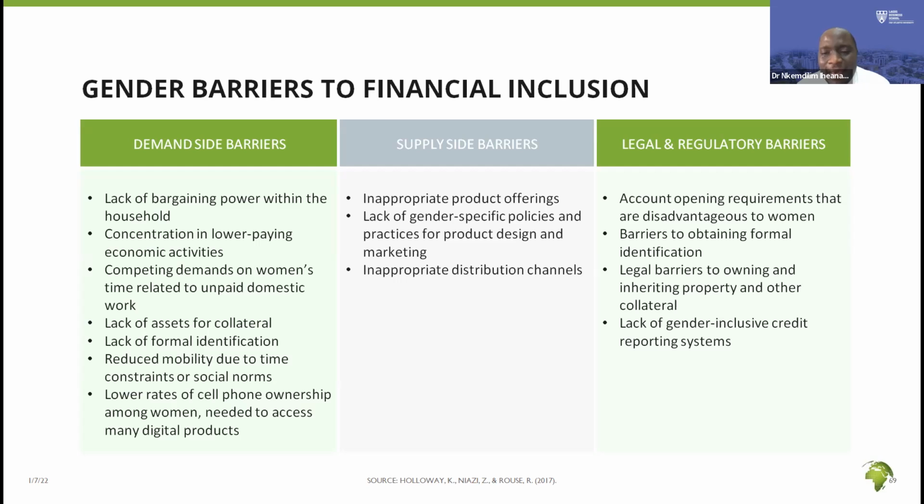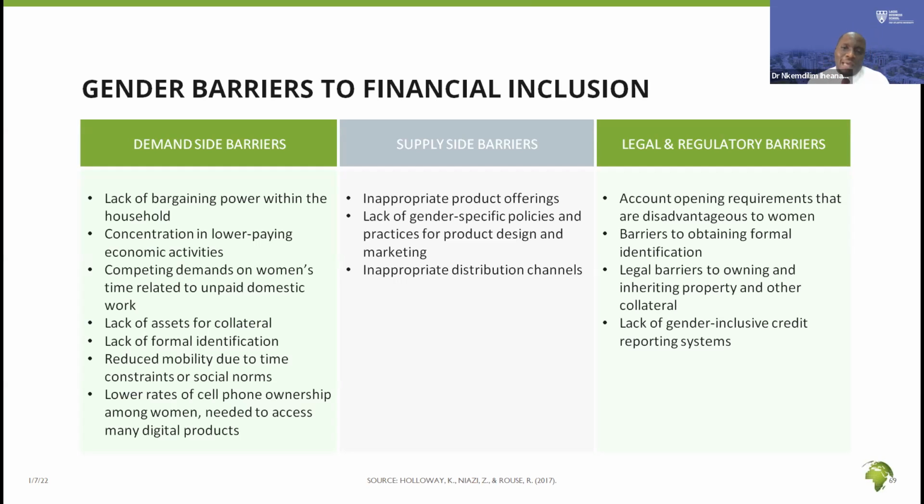And hence, when you're pushing products through digital channels that are accessible through mobile phones, you need to rethink how these products are going to be received or utilized, considering the fact that several of these women do not have cell phones that they can actually use to access these products.